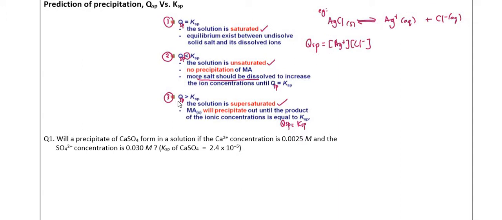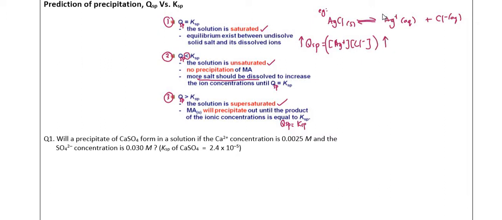Untuk keadaan ketiga, when it said QSP greater than KSP, that means bila mana QSP tinggi, concentration ion itu pun tinggi.